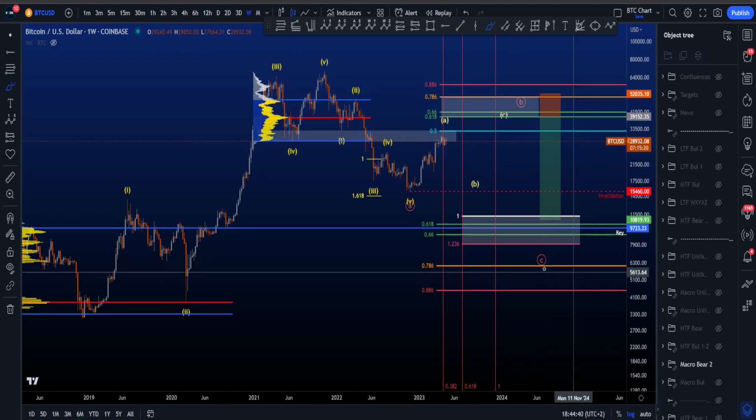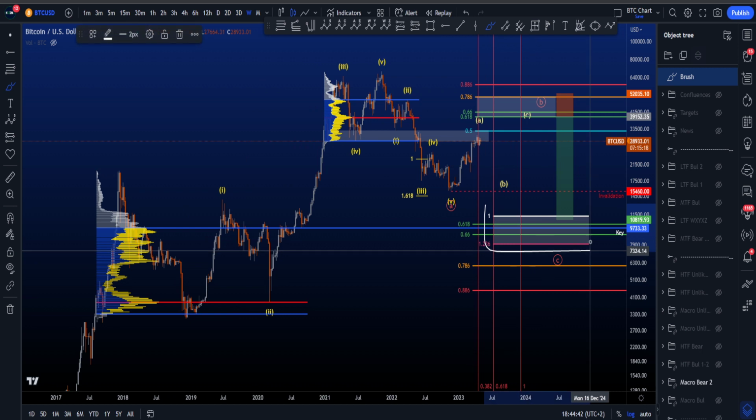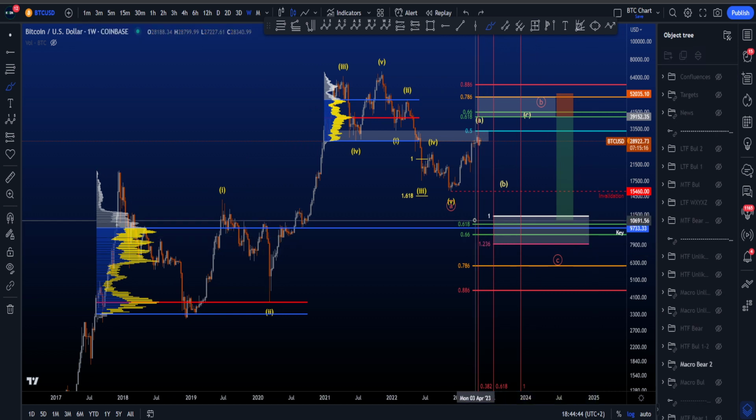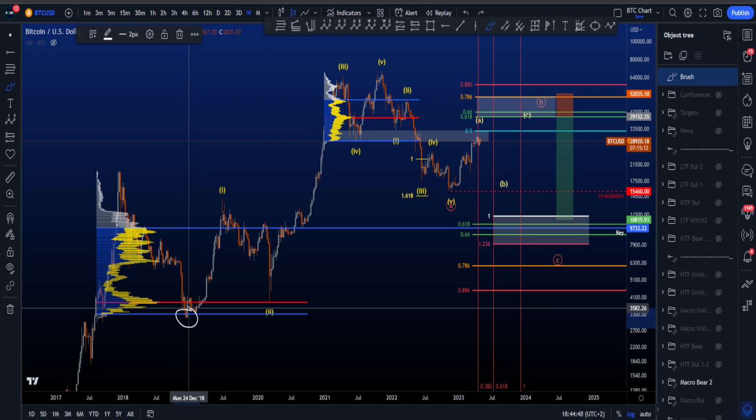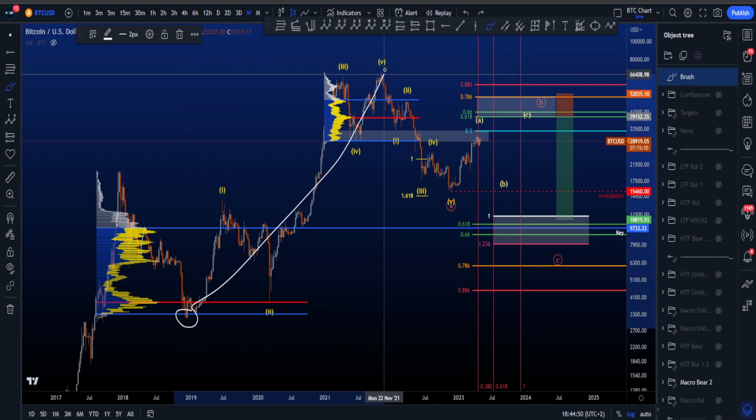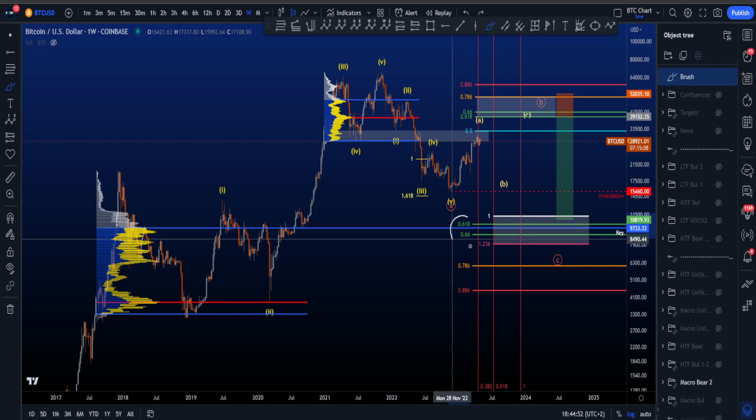But what is important is that this white box over here has great confluence with the golden pocket taken from the low of 2018 over here all the way to the all-time high. Massive support, this golden pocket.